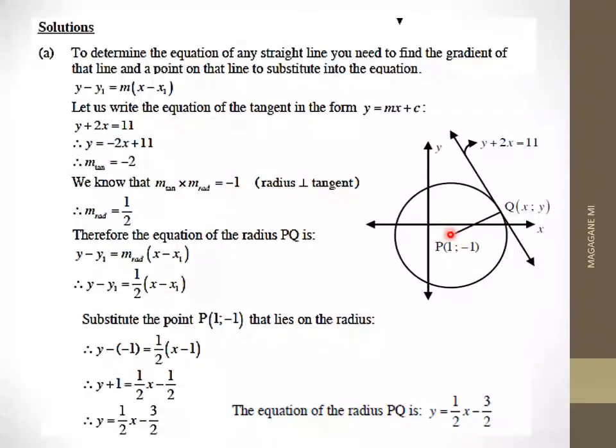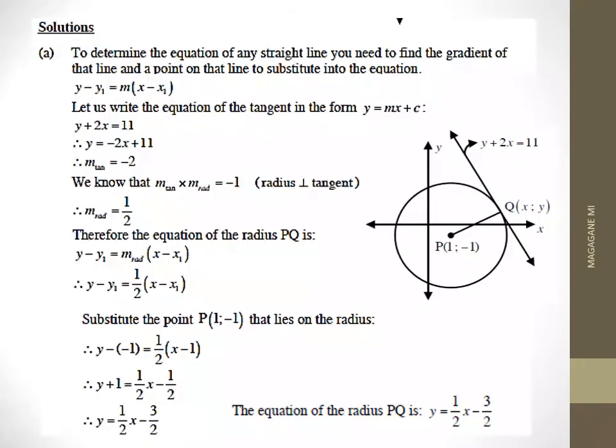This time we are given P, therefore we'll substitute P as our point. Therefore we'll have y minus negative 1 equals 1 over 2 times (x minus 1). So our y1 is negative 1 and our x1 is 1.